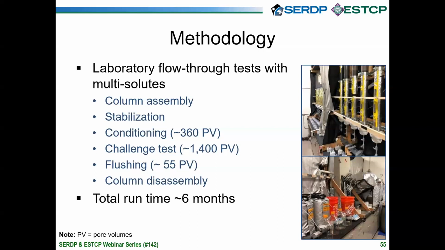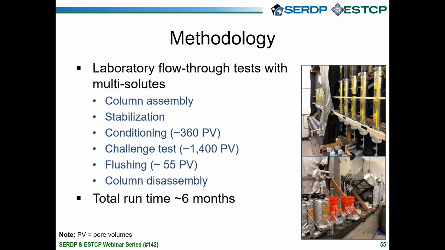These tests are conducted in triplicate, and we have controls with sand only, and then other mixtures with biochar and regenerated activated carbon, and we've used zeolite as well in some of these tests.